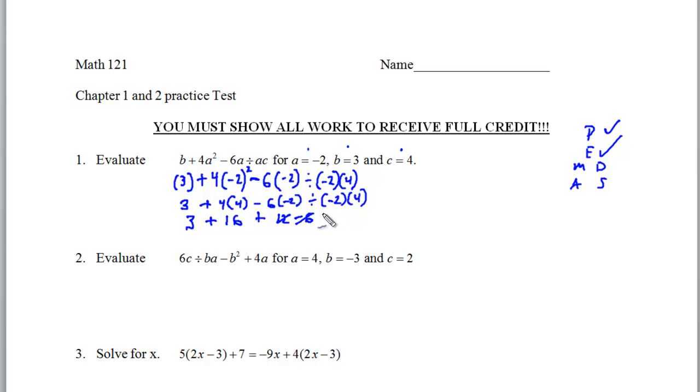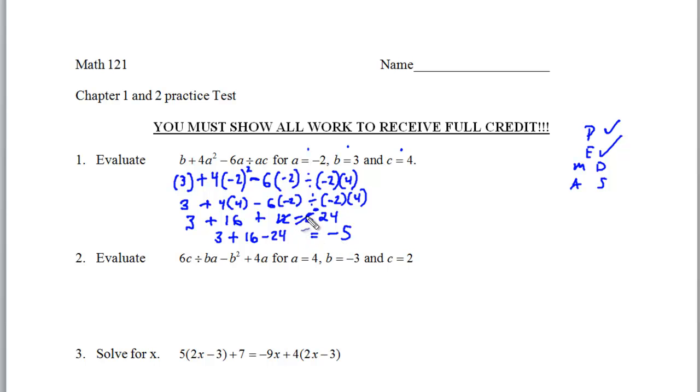Going from left to right, negative times negative is positive 12, divided by -2 is -6, times 4 is -6 times 4, which is going to be a -24 right there. Forgot my negative. Good thing I double checked that. So I have 3 plus 16 minus 24, and this will give me an answer of -5.